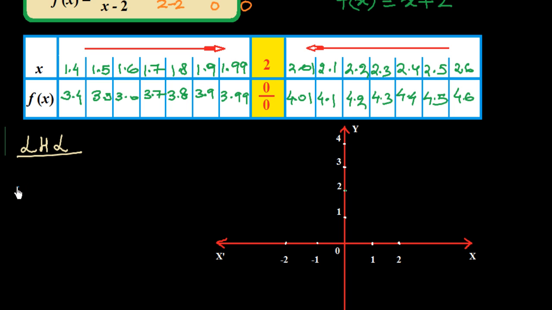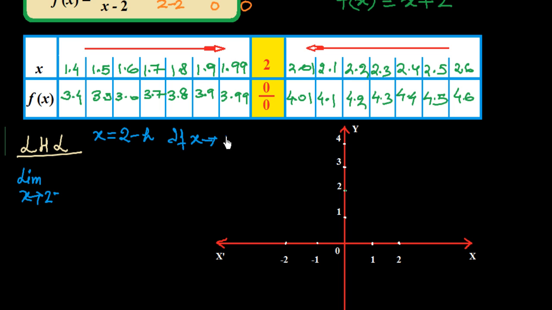Now I write in this way: we have to find out the limit x tends to 2 from the left side. We take a very small fraction to the left side of 2, which is h. So we could write that x is equal to 2 minus h, a very teeny, very small fraction on the left side.